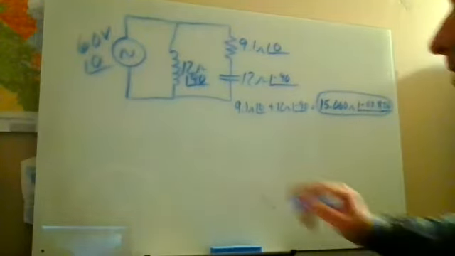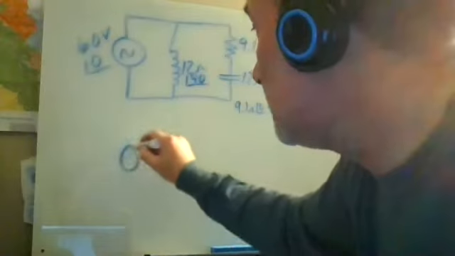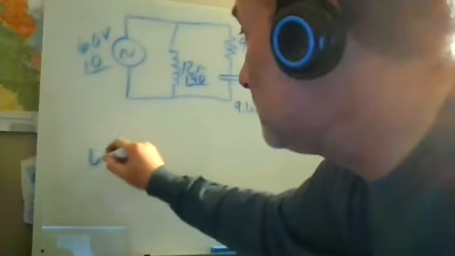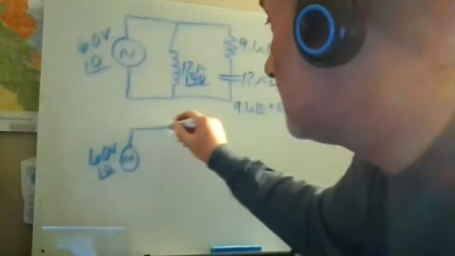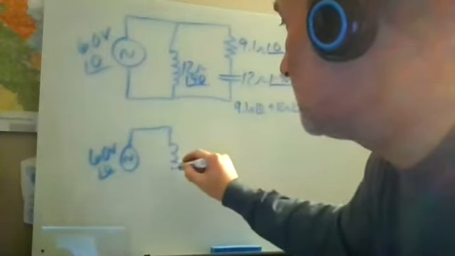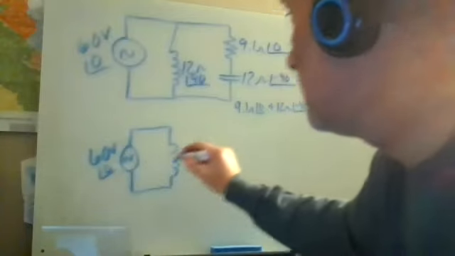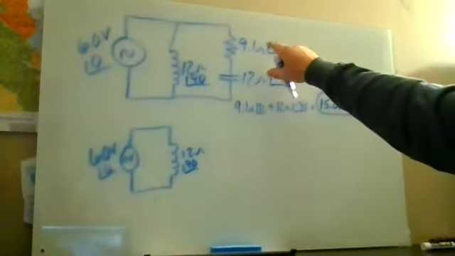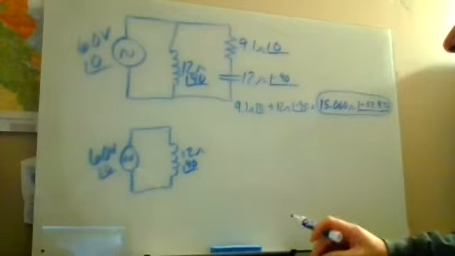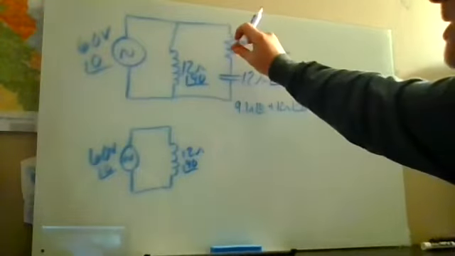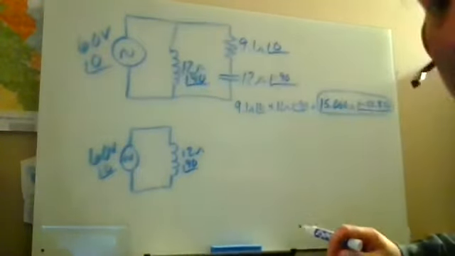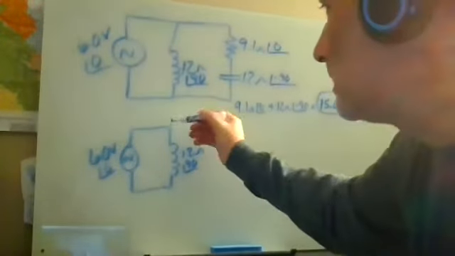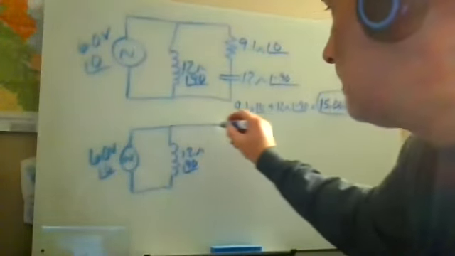And I'm going to redraw my circuit. Put my nifty little source in there. Put my inductor in there, 12 ohms, 90. Now, when I put these two together, where do I put them? Well, they have 2 points in common with that inductor, so I'm going to put them in parallel with it.